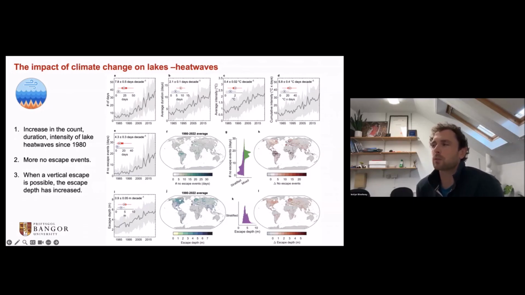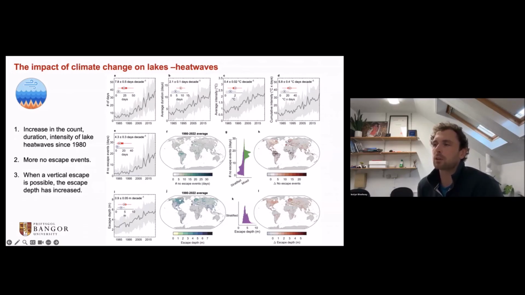One of the other things that we've defined and calculated is what we call the number of no escape events in lakes. Lake heat waves, again, are periods where surface water temperatures reach extreme levels, so they exceed the 90th percentile for a sustained period. A no escape event is where deeper water, which is typically cooler, has also increased.